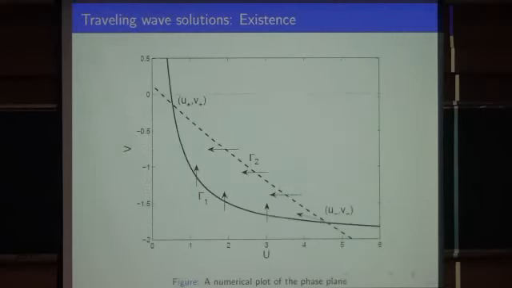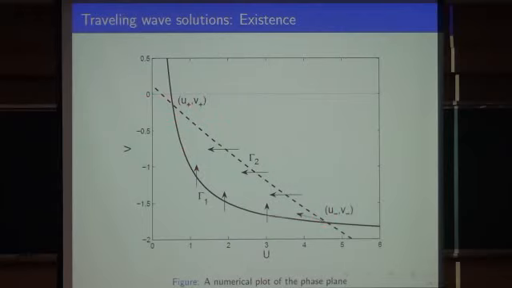So this is a nullcline, this is another nullcline, and the flow of that ODE all flows in here. This point is a saddle point, and that is a stable node.